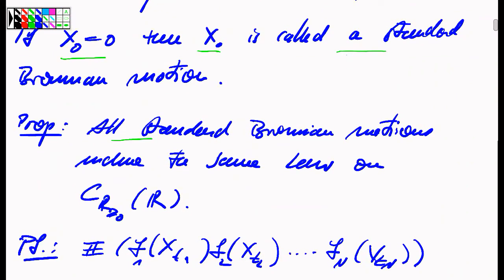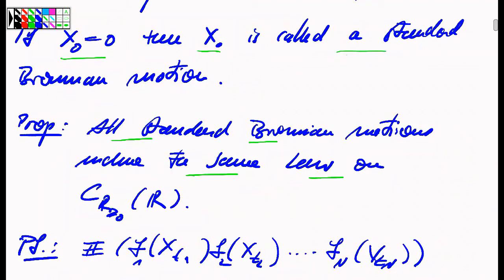So the statement here is that all standard Brownian motions induce the same law if we pass to the corresponding path-valued random variable, which associates each realization of randomness to the corresponding path, to the corresponding trajectory.